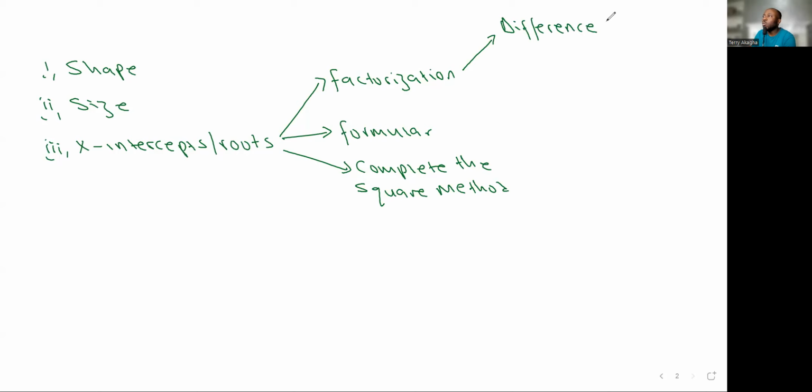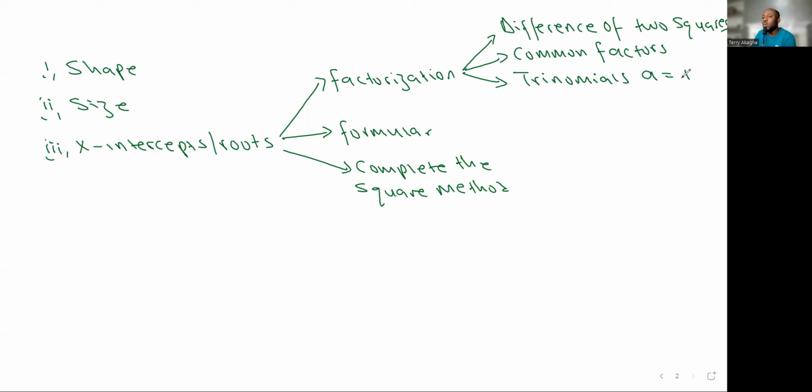You can also use common factors to factorize. You can also use trinomials where a is equal to 1, and trinomials when a is not equal to 1. So you can use any of these to solve this.